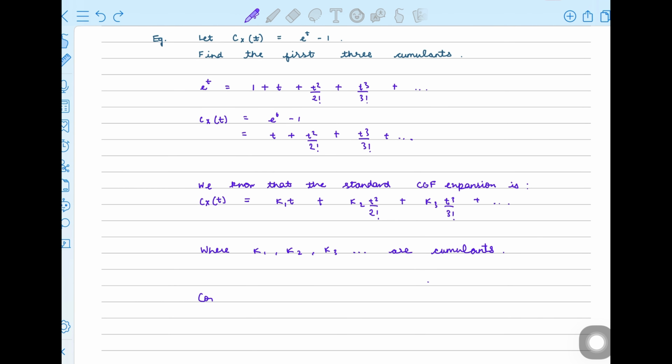When we compare the coefficients, we get this, which gives us the value of all the cumulants.